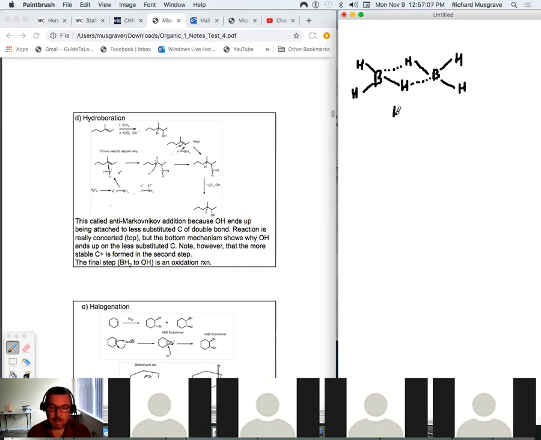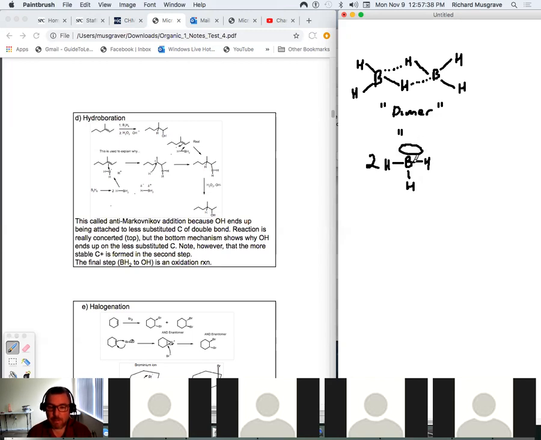A dimer is the joining of two single parts that can be easily split apart. So this will easily split into two BH3s, which has this vacant space here.